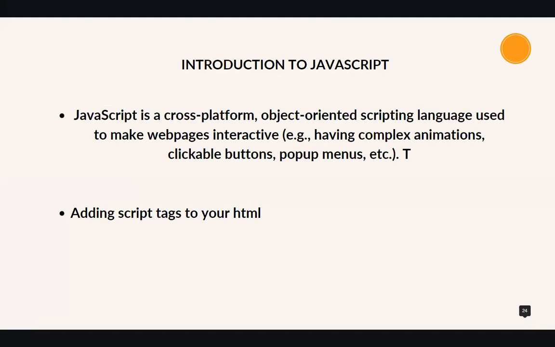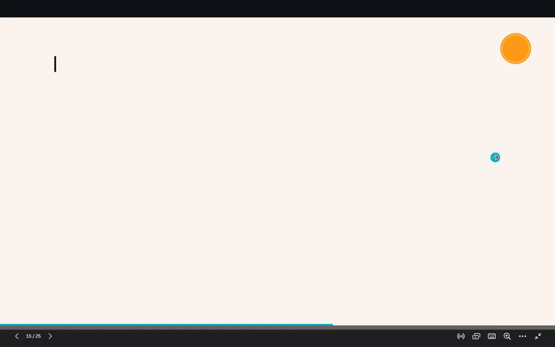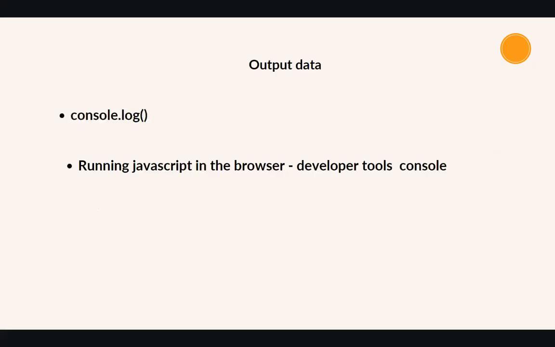If today is Monday, do this. We can't do that with our HTML and our CSS because those are mainly for syntax and things like that. But with JavaScript being a programming language, you can actually write logic. So all the things you're thinking in your mind that you want to do, JavaScript will allow you to do that.